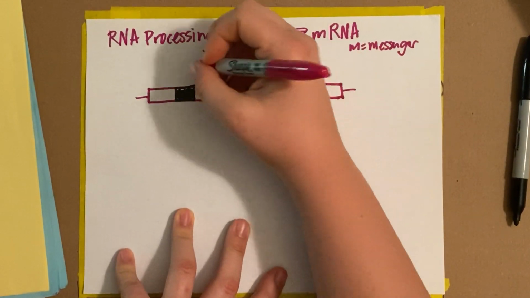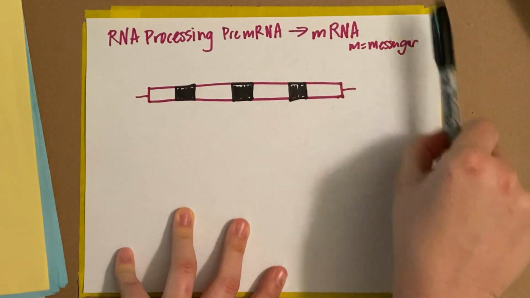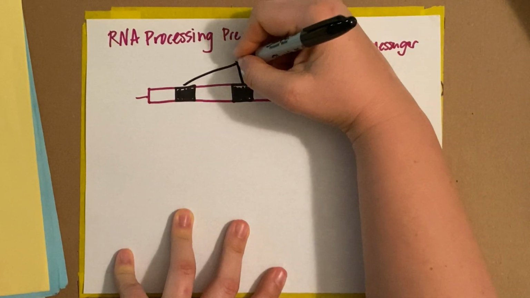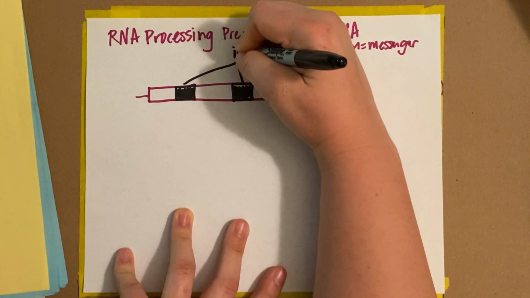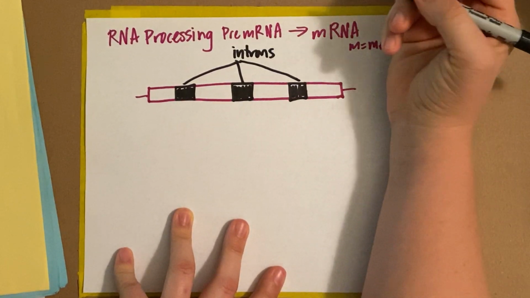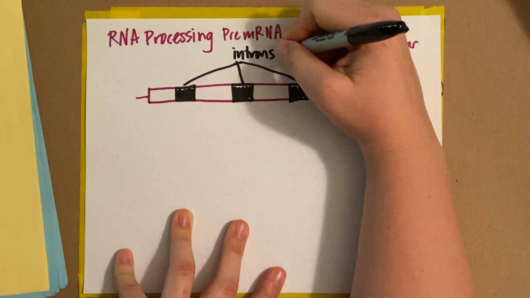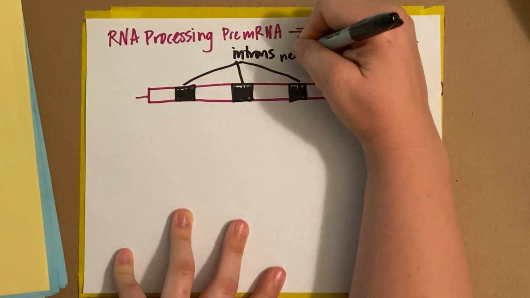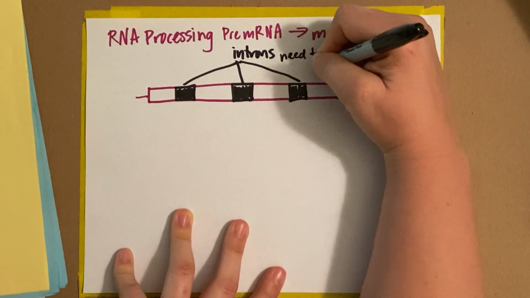And so these black parts are going to be called introns. And introns need to be removed from the mRNA before it's ready. Okay, so introns need to be removed.